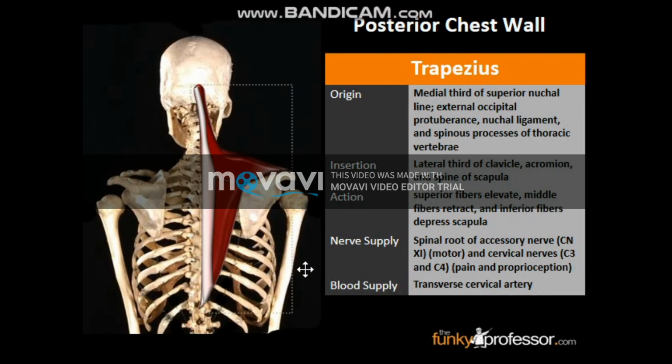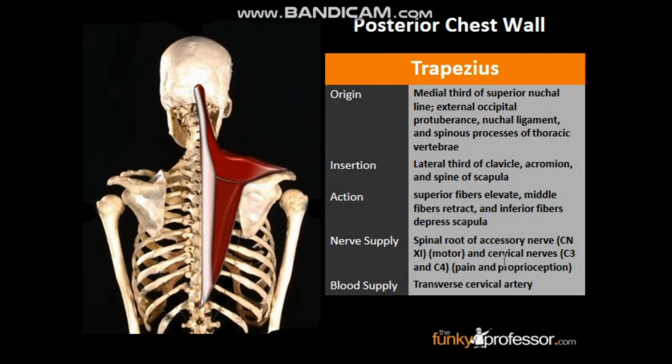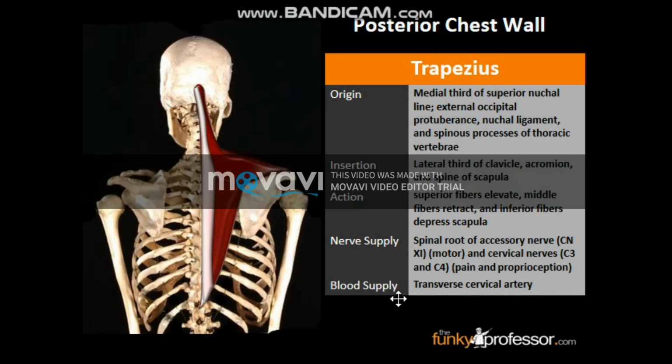It is important from the exam and viva point of view, because the nerve supply of trapezius is the accessory nerve and cervical nerves C3 and C4. The blood supply, always remember, is the transverse cervical artery.